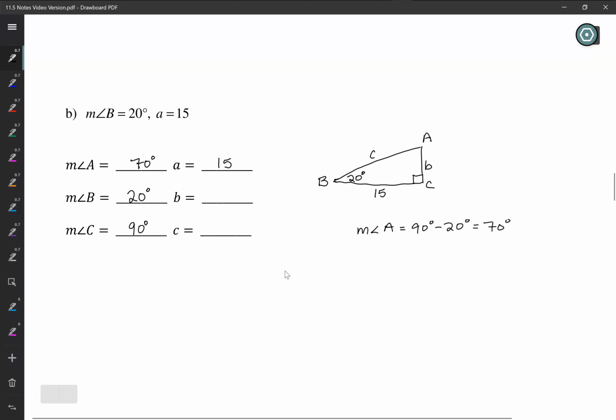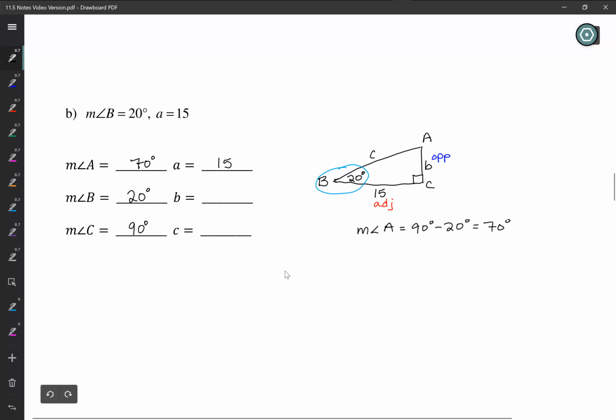All right, I am going to choose to focus on the angle I was given. I'm going to try to find B first. So little b is opposite that angle, and I need to use the 15, which is right next to that angle but isn't the hypotenuse, so it is adjacent.